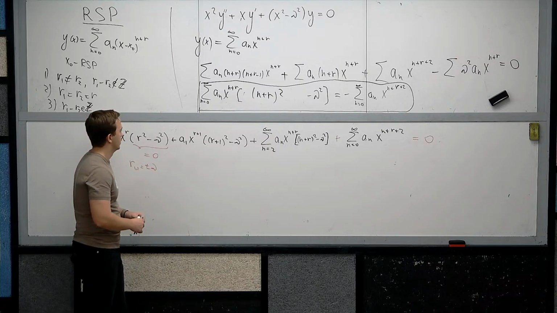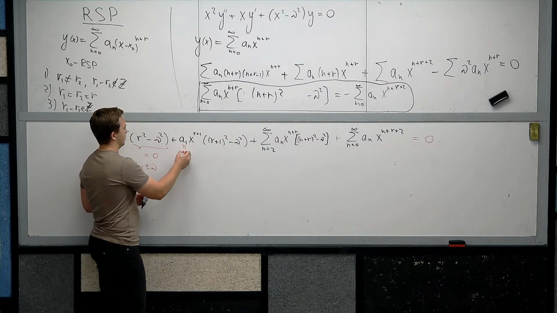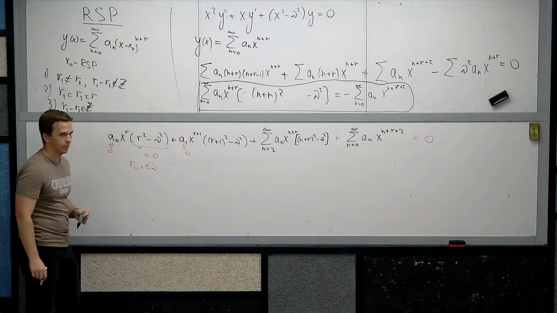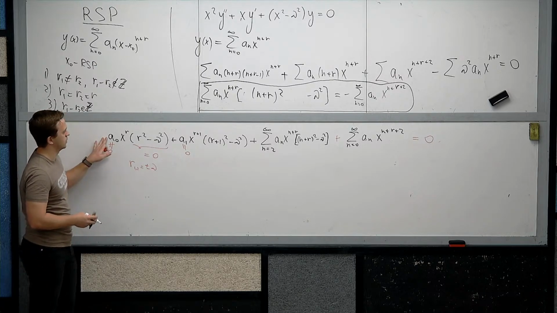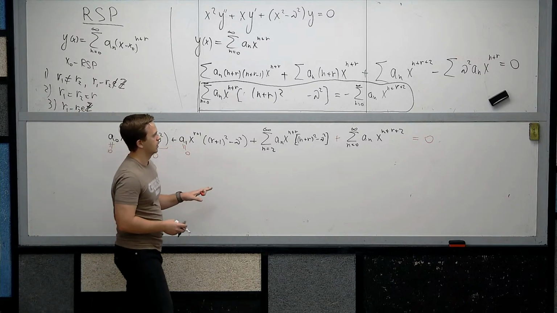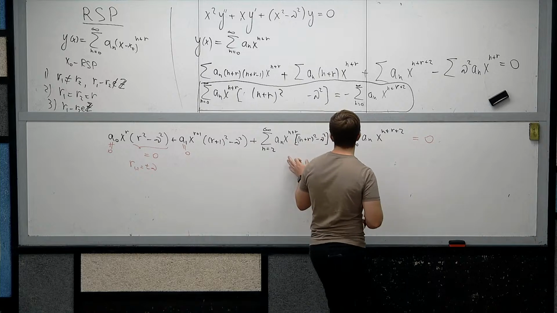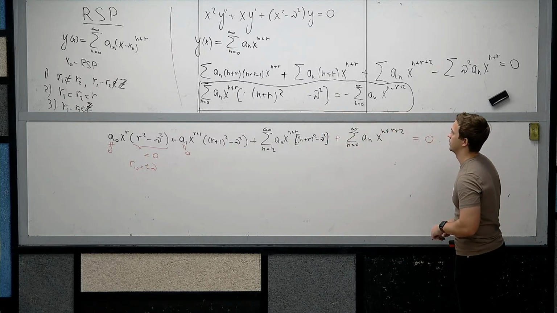Right? The only way this thing can be 0 is this. Okay? So we know that a naught is not 0, a1 is 0, and then we need to do something with those sums. Okay? Series.